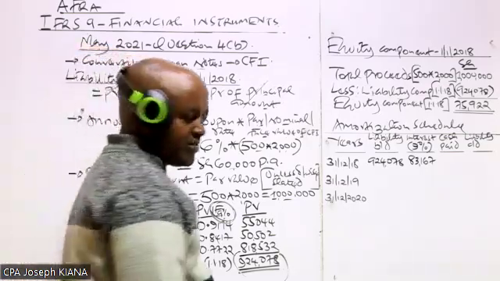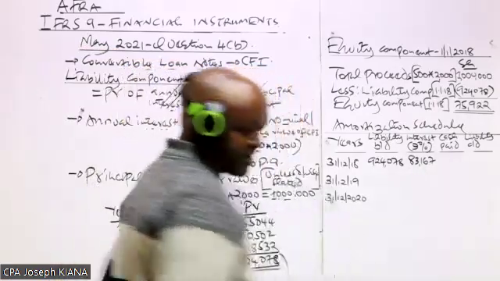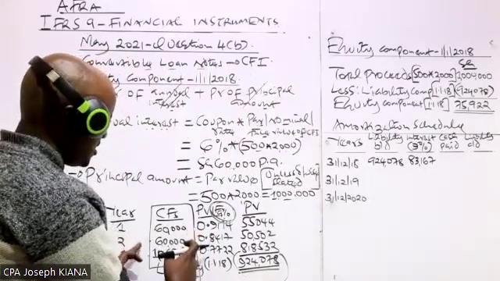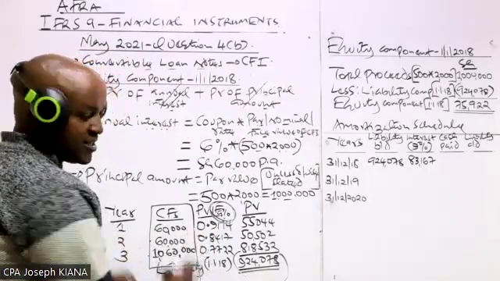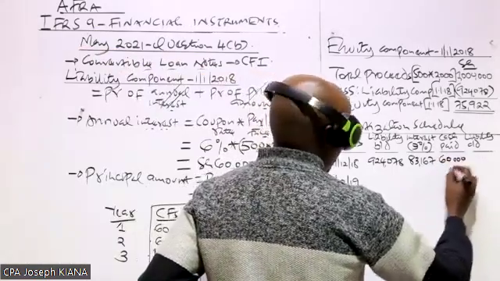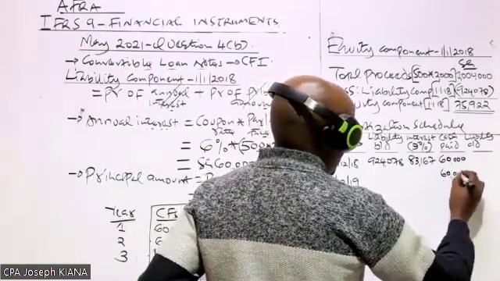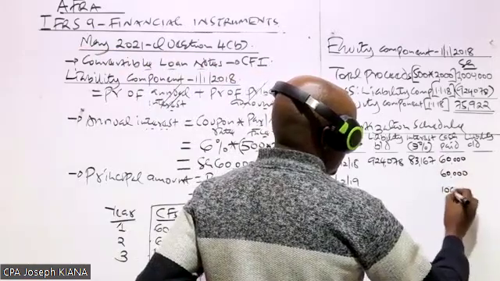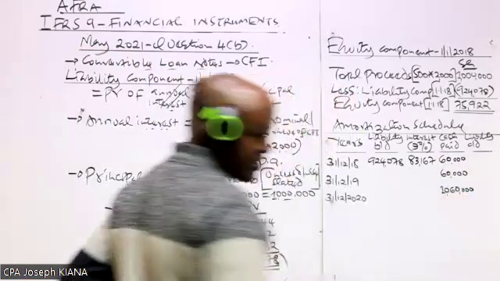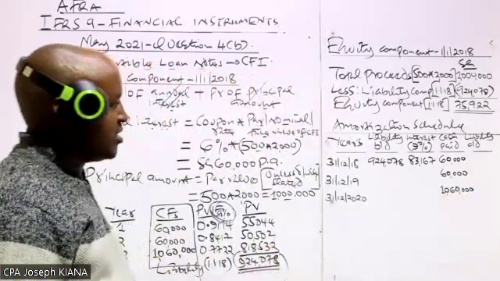So then we need to have the cash to be paid. In year 1 the company will pay 60,000, year 2, 60,000, and year 3, 1,060,000. So this is what the company will pay in years 1, 2 and 3.